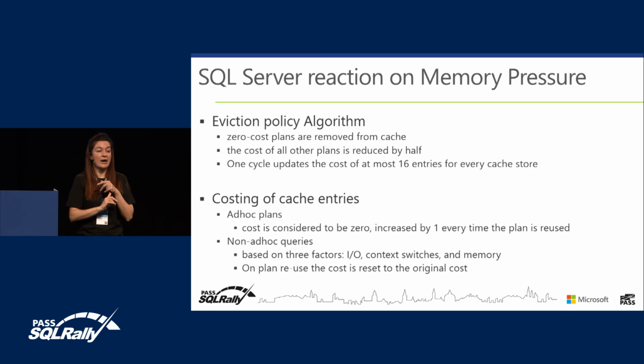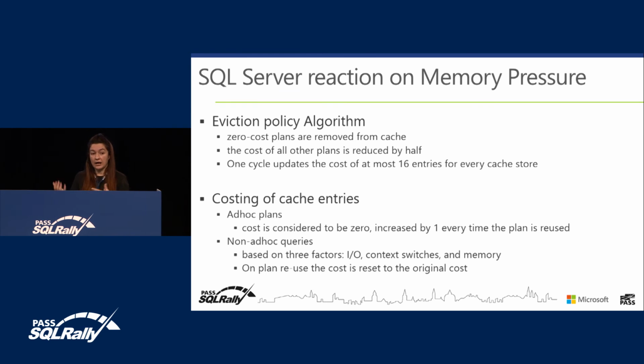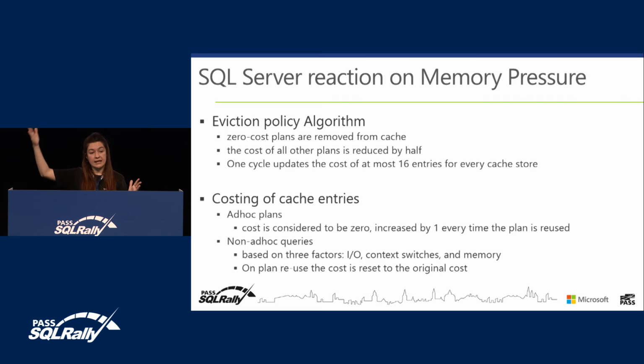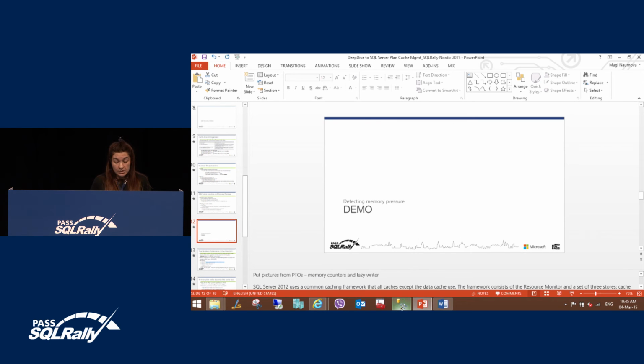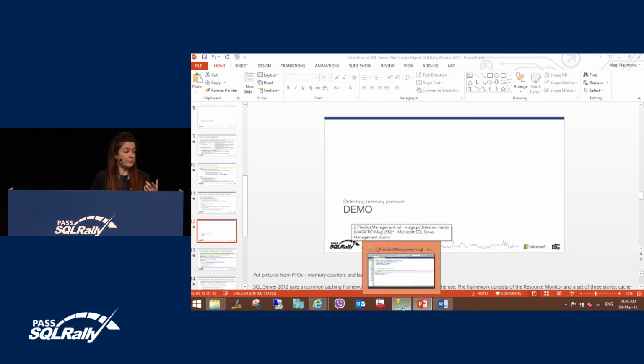The cost is formed by the context switches and the memory that the plan takes to execute. So when the eviction policy algorithm executes throughout the plans, it reduces the cost of plans by half. On the next cycle, when the plan gets cheaper, it will eventually be removed from the cache.